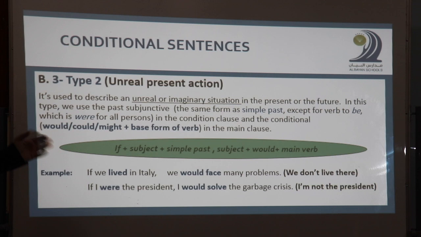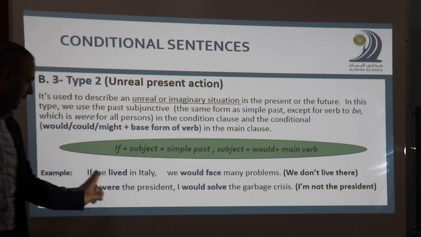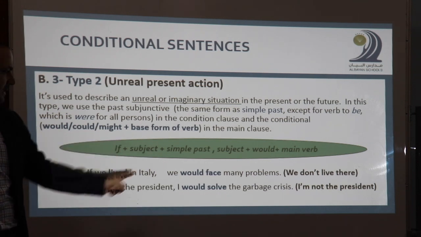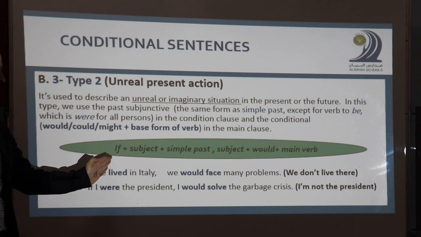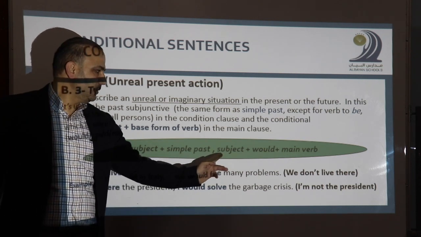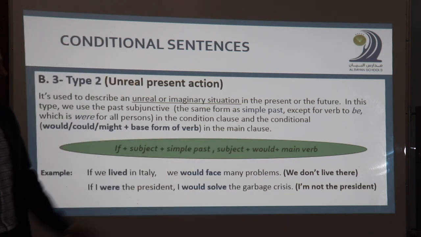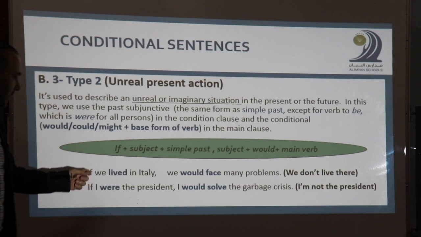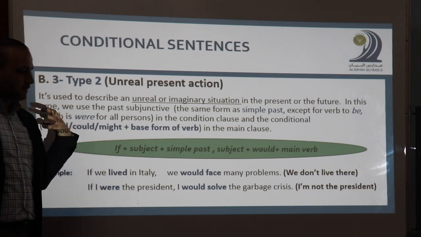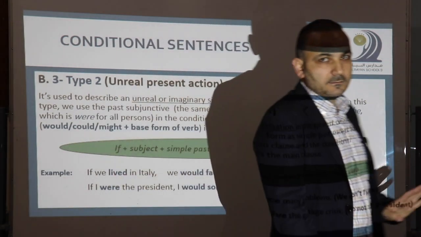So, here in this one, let me see that. If plus subject plus simple past in the if clause, and we would face, subject plus main verb, many problems. Look please, if we lived in Italy, we would face many problems, but we don't live there.